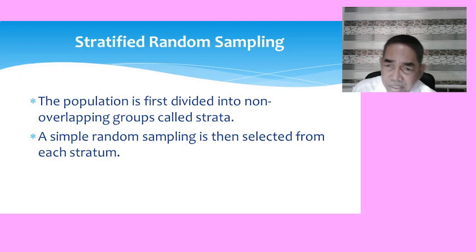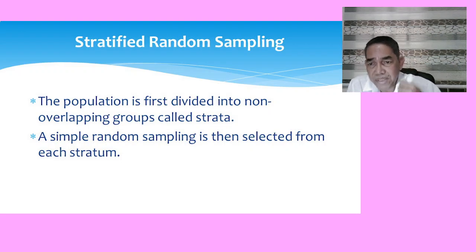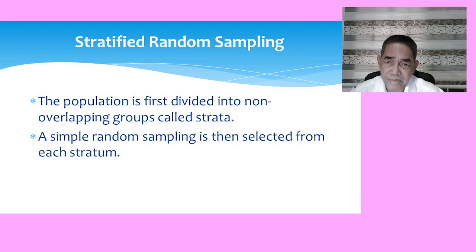Okay, the next is a stratified random sampling. We use the stratified random sampling when the population is heterogeneous. I told you a while ago that we use simple random sampling and systematic sampling if the population is homogeneous. If there is heterogeneity in the population, meaning differences in the characteristics of people, then I need to stratify.